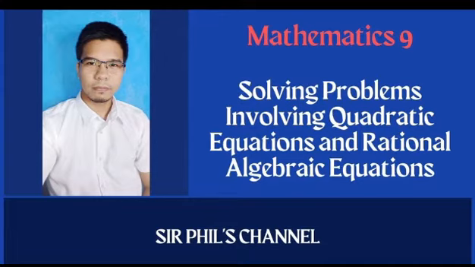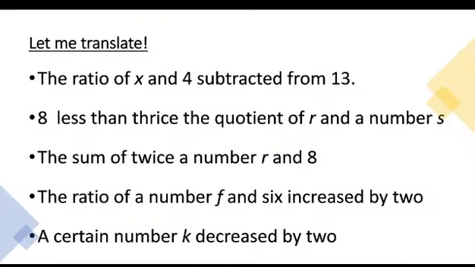Okay, so let's go over first the translation of verbal phrases into mathematical phrases. I have here some examples of those verbal phrases that we're going to translate. Let's start with the first one. The ratio of x and 4 subtracted from 13.